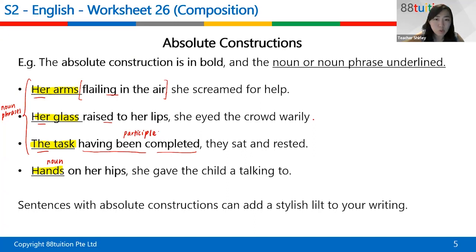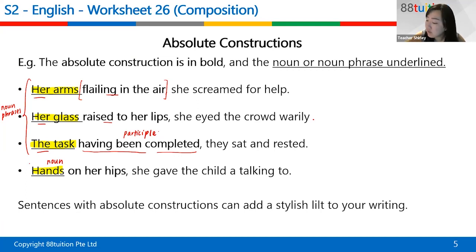So why do we need to construct such sentences? It's basically to improve on the variety of sentences that you're writing in your compo. Because if everything is simple sentences, it can be quite boring. Okay, so next one, hands on her hips. She gave the child a talking to.